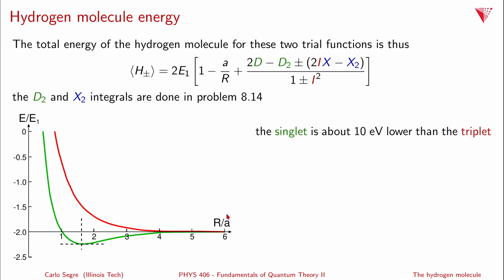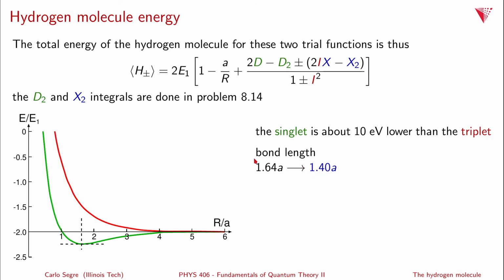So what are the actual values here? Now note that this is E over E1, so minus 2 is the energy of 2 separate hydrogen atoms. And the proton-proton repulsion, of course, gives you a large value at small distances. The bond length is computed as 1.64 times the Bohr radius. The actual distance is 1.40 times the Bohr radius.